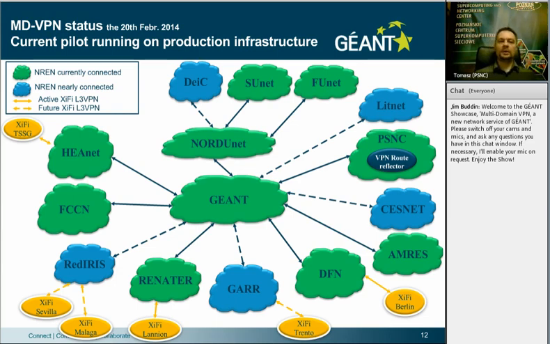The yellow bullets mean that these are examples of SCI-FI project sites already connected through the MDVPN service. So we have a few sites connected right now, and a few sites which will be connected quite soon. As you can see, the service is still evolving.